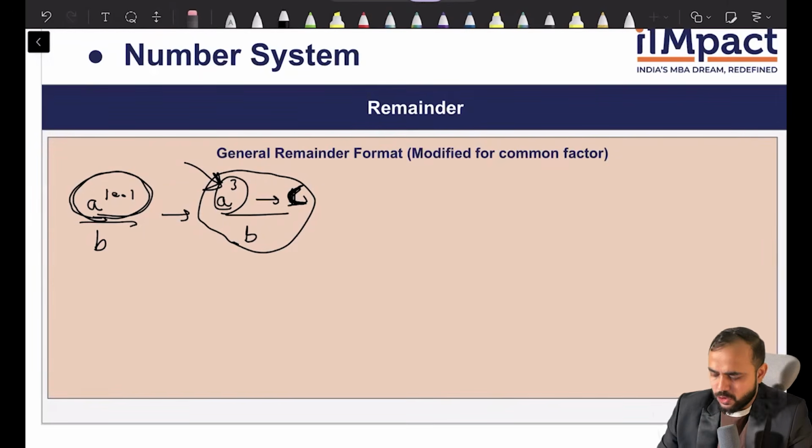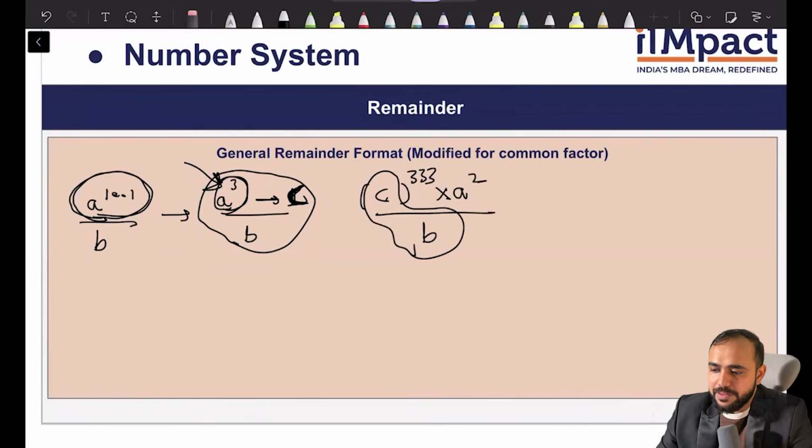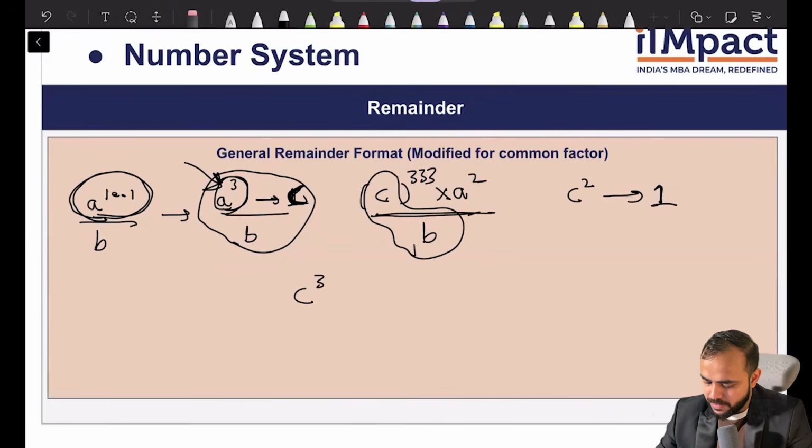No, right? So I will use a cube that gives me a number c, then I will deal with c to the power 333 into a square divided by b. And maybe c divided by b leaves a certain remainder that I can deal with. For example, maybe c square leaves a remainder of 1, which makes my calculations easy because now I will write this as c to the power 332 into c into a square divided by b.